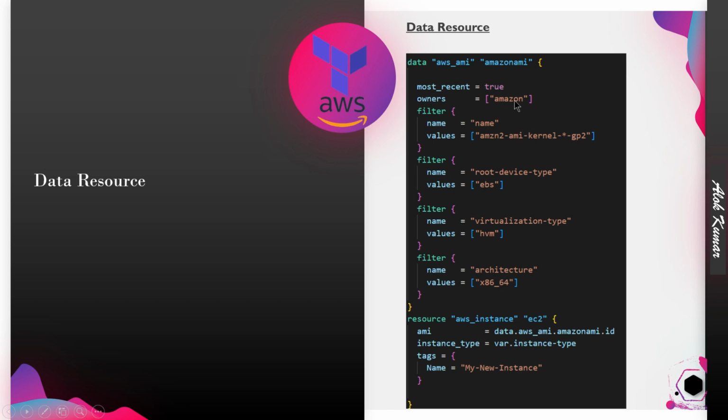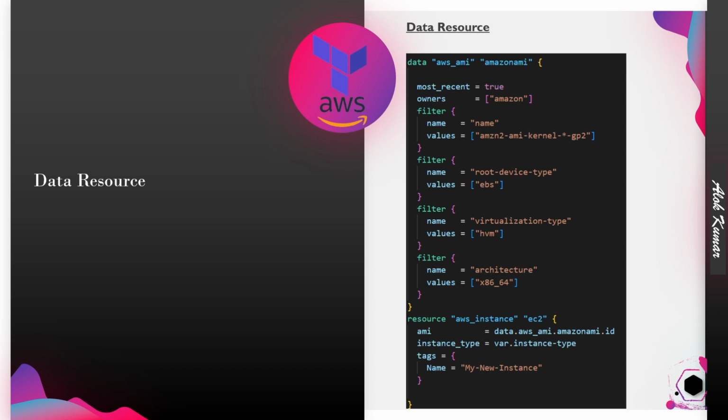For the owner, you can pass Amazon, or if you created some images in your AWS environment, you can use that as well. You have to pass several filter criteria so that you can narrow down the AMI that you want to use, on the basis of name, the root device type, EBS, the virtualization type HVM, and the architecture.